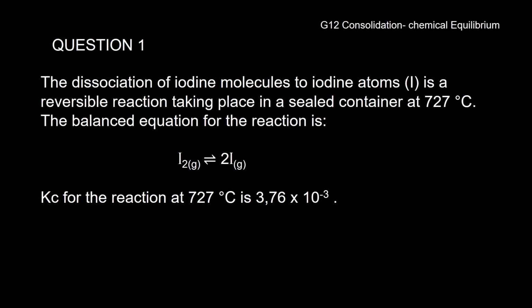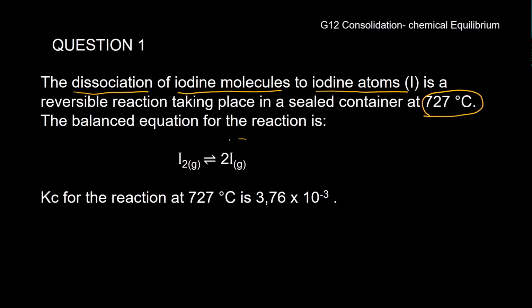So from that reading, we know that we have a constant temperature at 727 degrees Celsius. We know that it is a dissociation reaction, that we're dealing with iodine molecules, and that we also have iodine atoms. They give us the balanced equation.